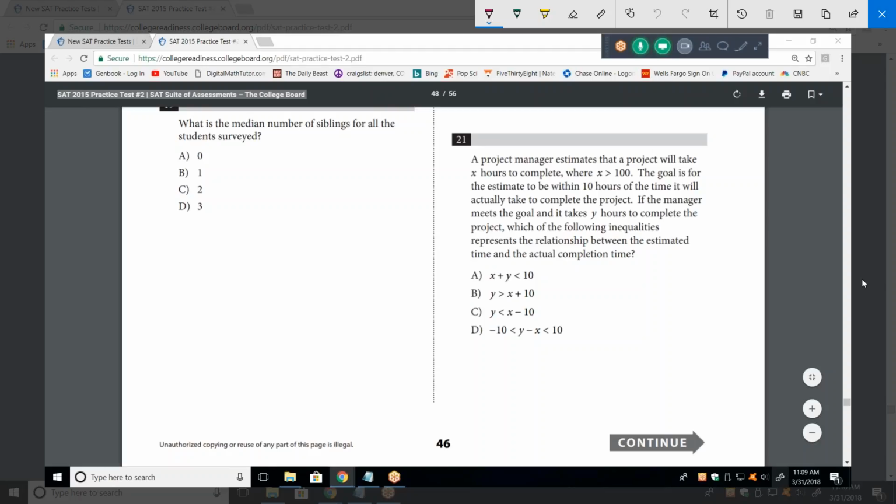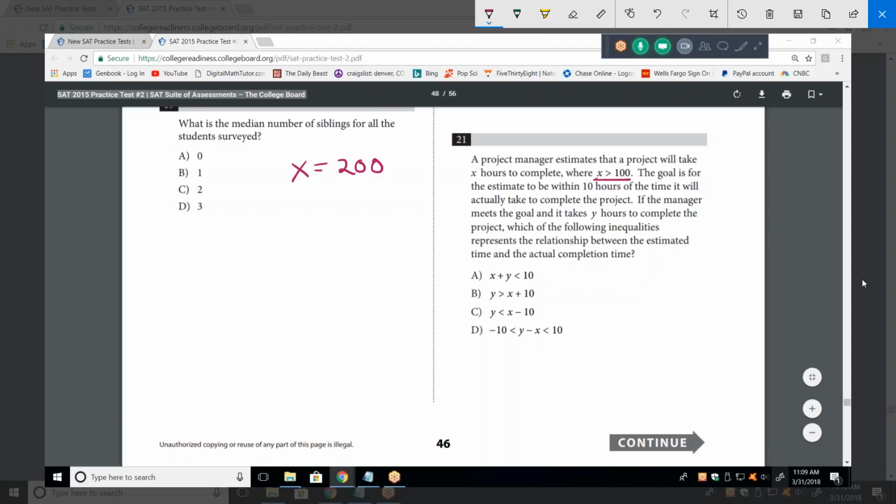Give me an X. Okay, 2. Always underline key parts of the question. 100. In other words, 2 doesn't work. It's got to be a number greater than 100. 200. Okay, so we're going to say X equals 200.